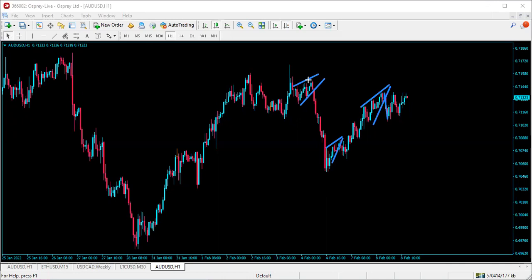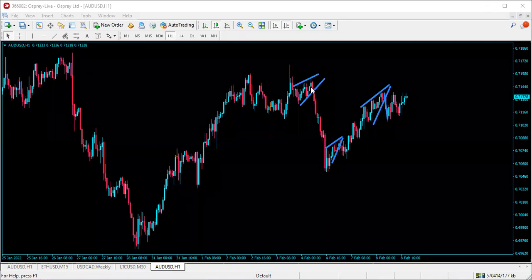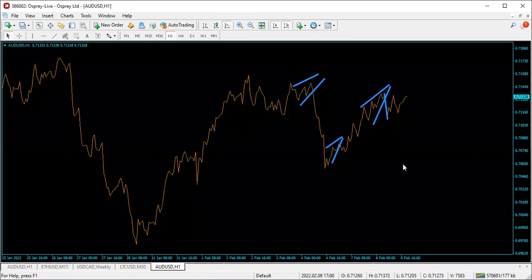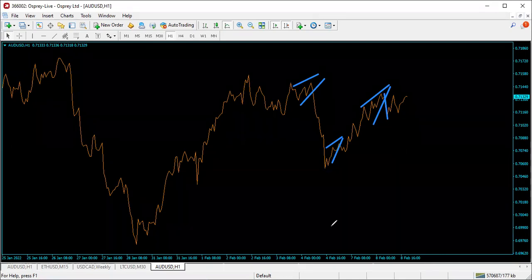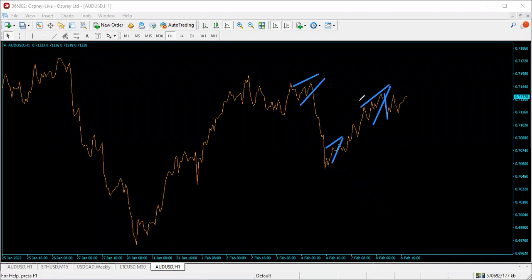Now, again, how am I identifying this? I'm able to see it. You go from wick to wick. However, if you're not seeing it, you pull out your line chart, right next to the candlestick chart, and you can see how the points are there.